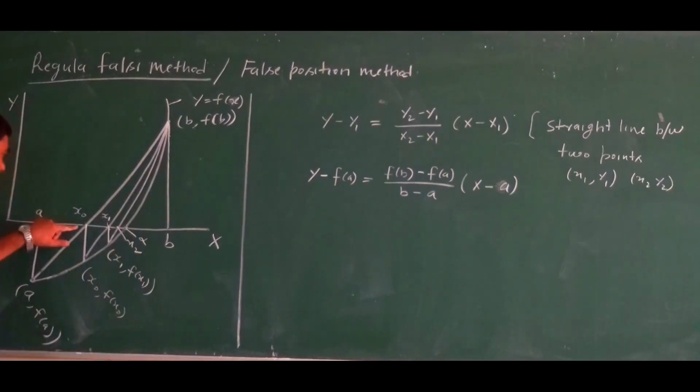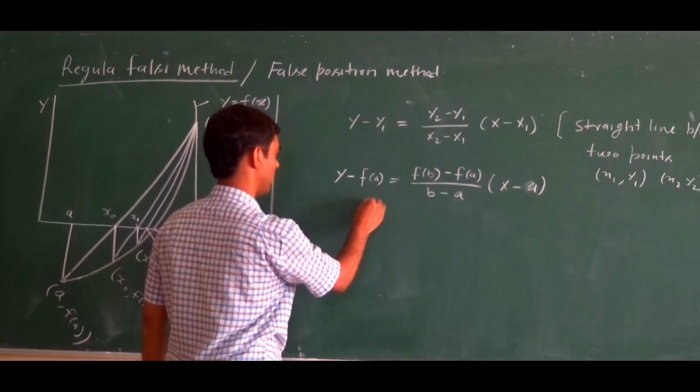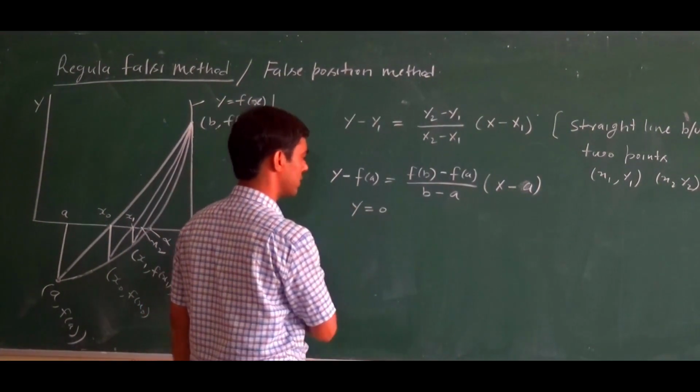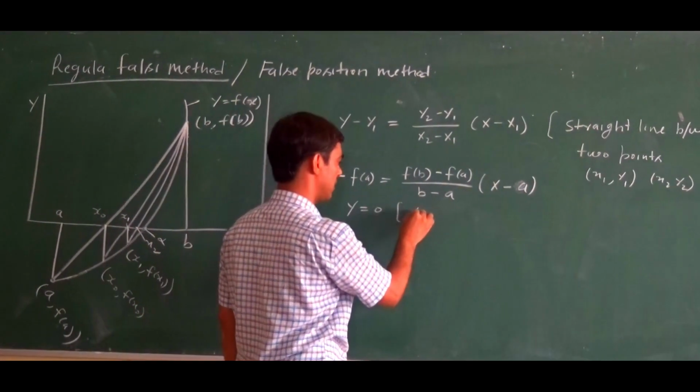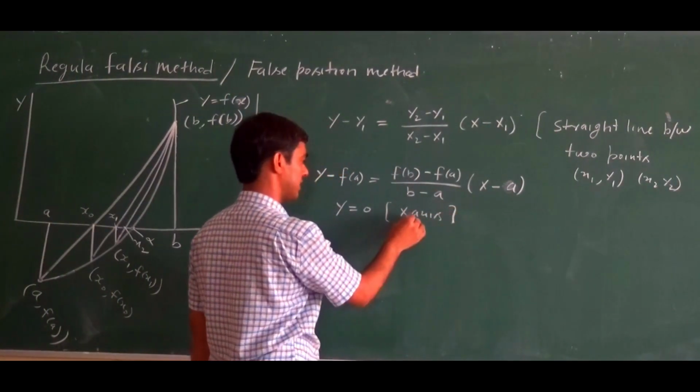Now how do we find the point of intersection with the x-axis? Obviously we put y equal to 0, because this is the equation of the x-axis.